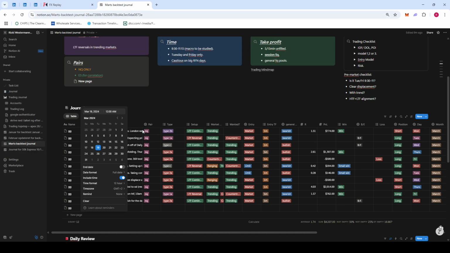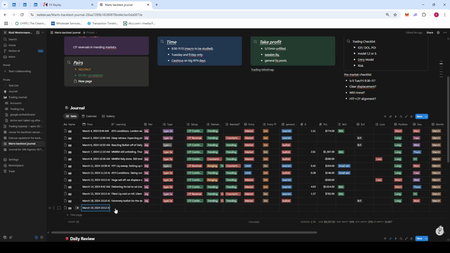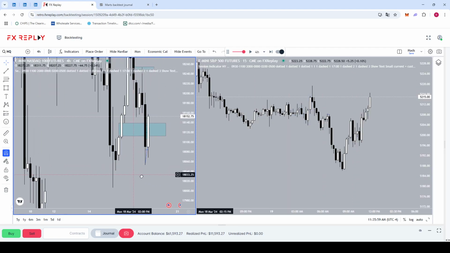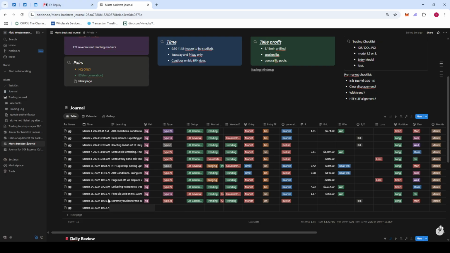So 10, 12. Disrespecting bullish gaps, respecting bearish gaps.